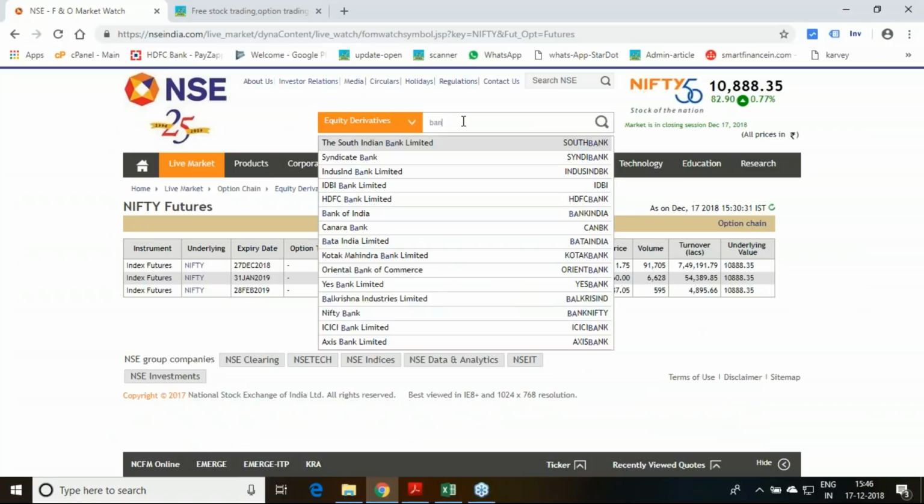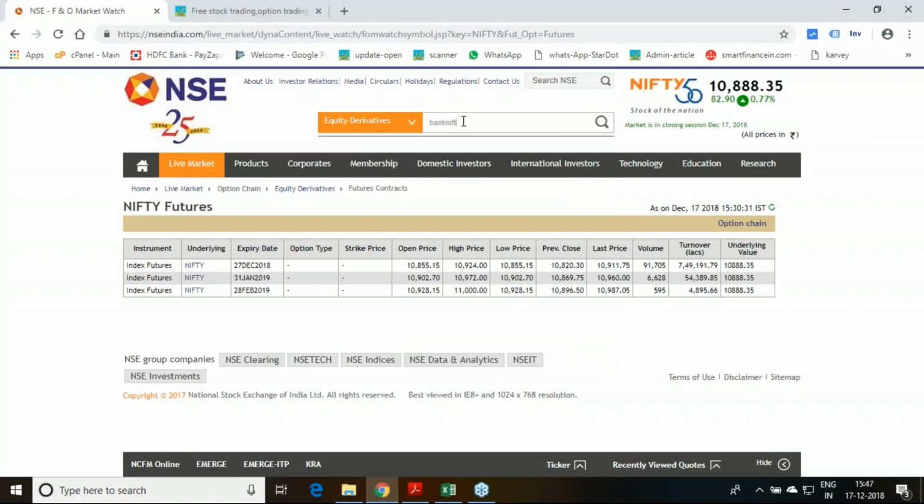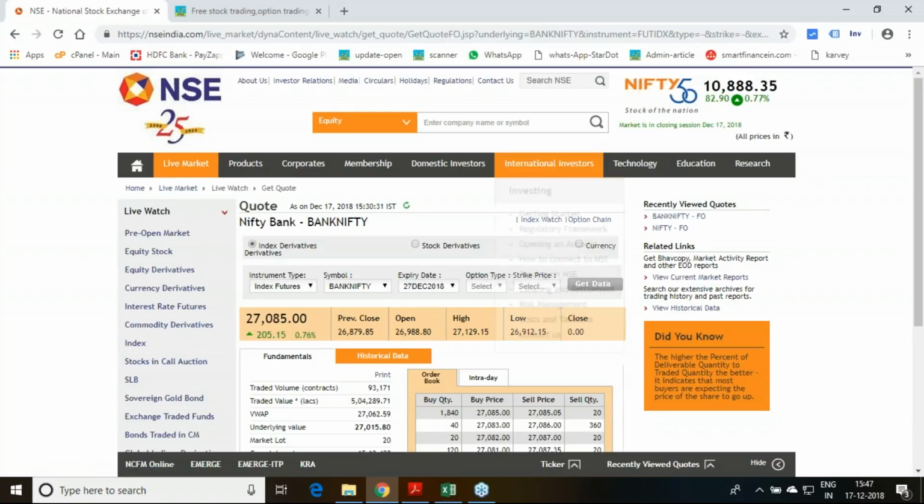So if I just go to the bank nifty, here too we need to validate our calculations with respect to the day's high, day's low, and opening basis.